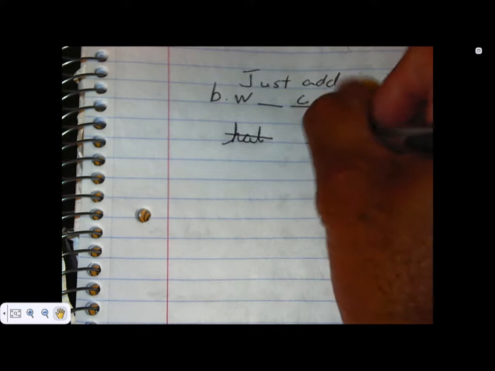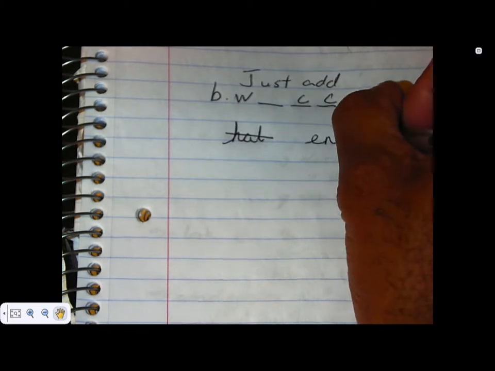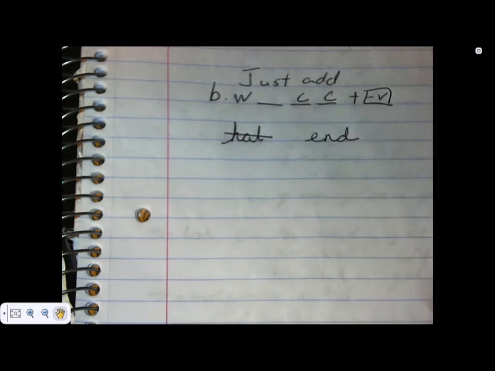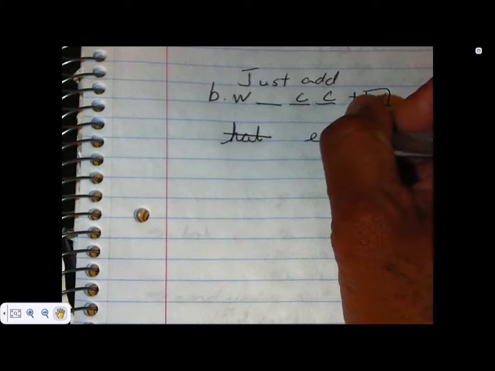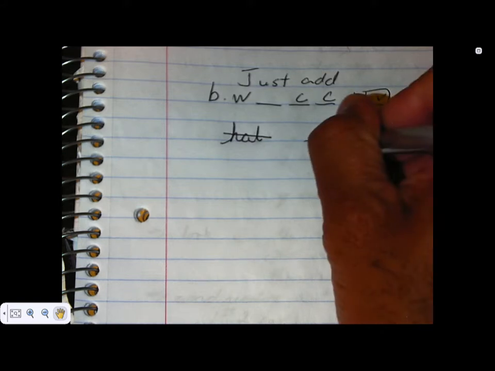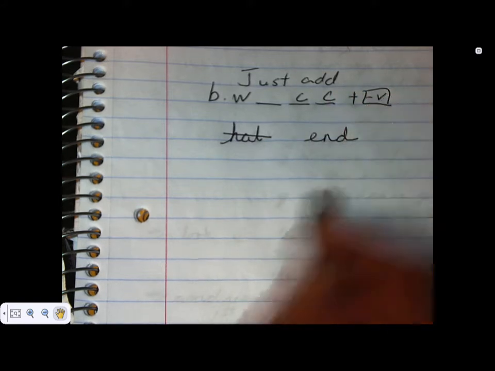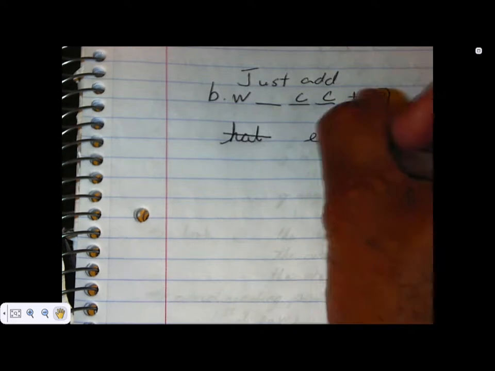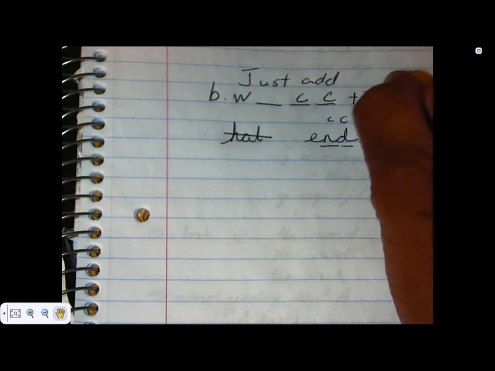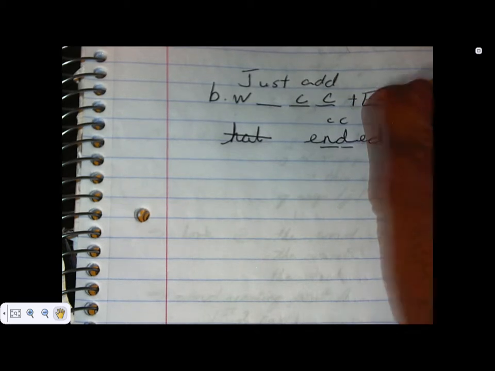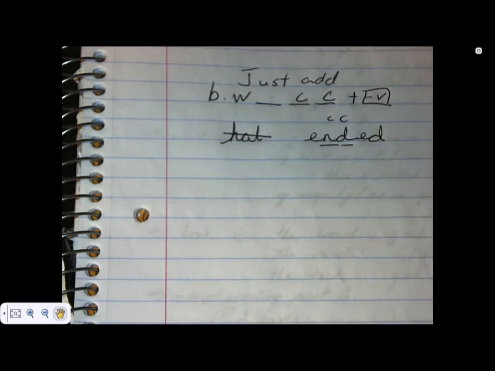Let's look at this one, E-N-D. And we want to make ended using the suffix ed that we worked on last time. So these are the last three letters, and this is a consonant and this is a consonant. So all we're going to do is add ed, ended. That's our word. Okay?